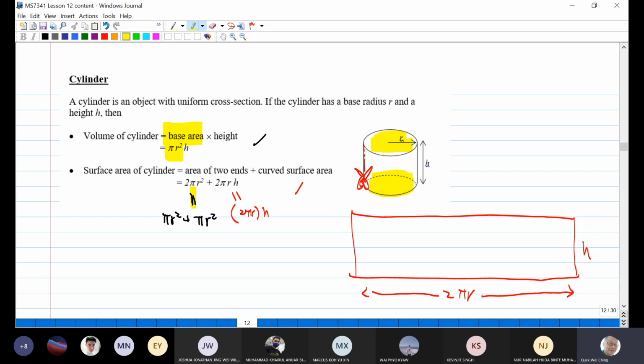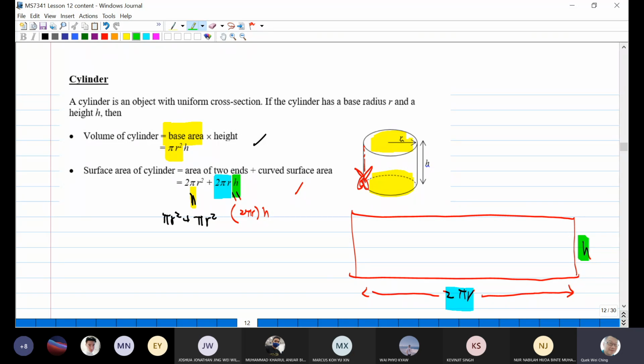If you cut the curved surface open and roll it out, the height is h and the side is the perimeter, 2 pi r. So you have 2 pi r times h, height in yellow here.